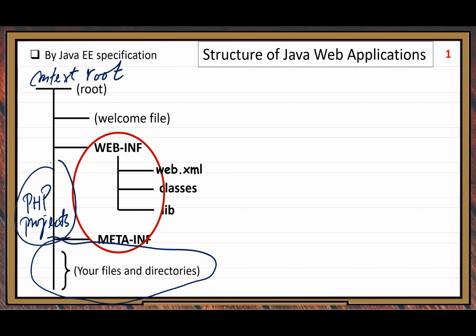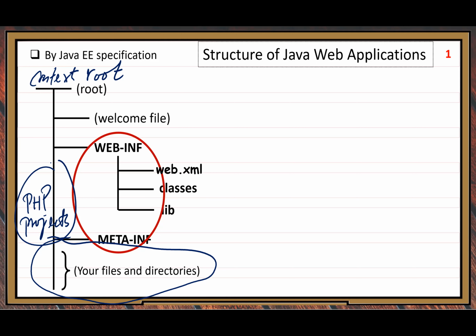All those things you need to specify in certain configuration files. That's the reason we have the middle part. For PHP, we don't have that configuration file. You just refer to your resources in the default natural way. That's the key difference, and I like to point it out.